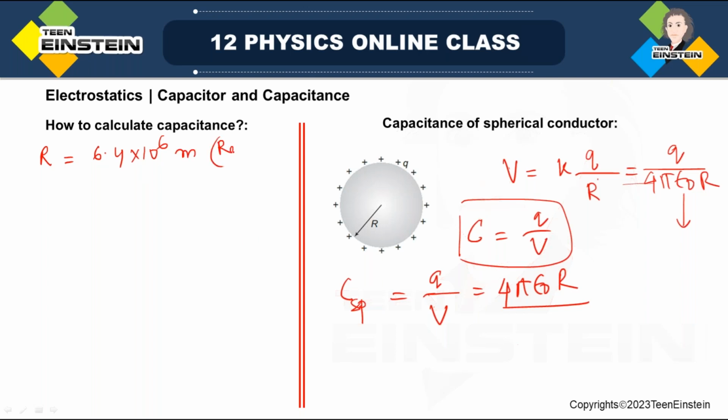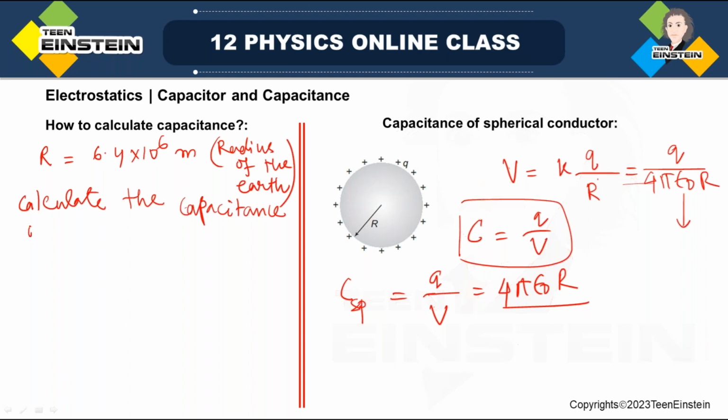This is the radius of the earth. Can you calculate the capacitance of the earth's surface? So this is the question.